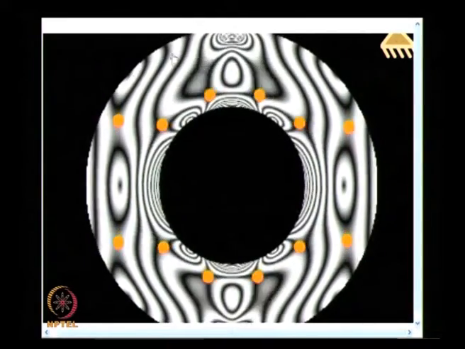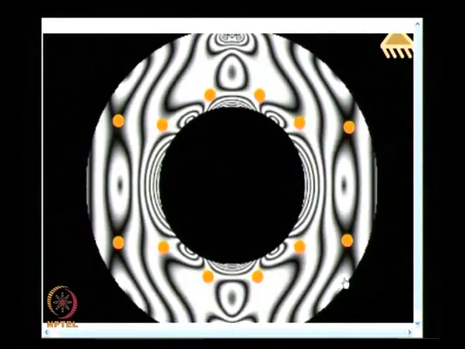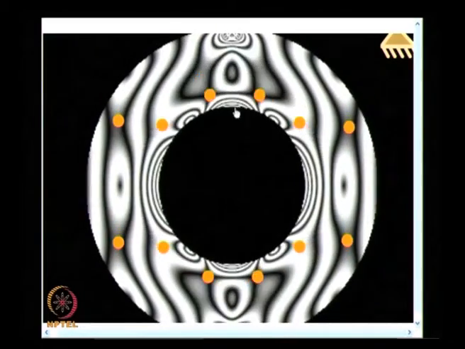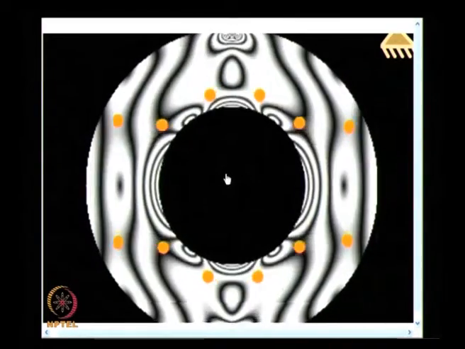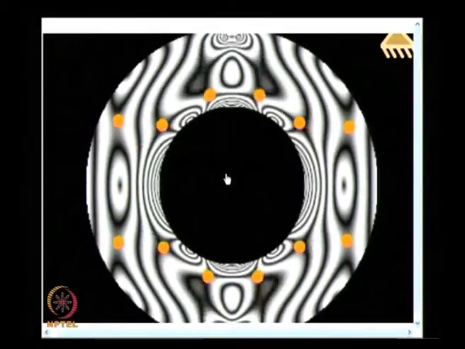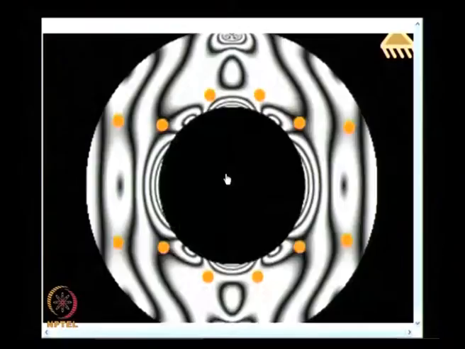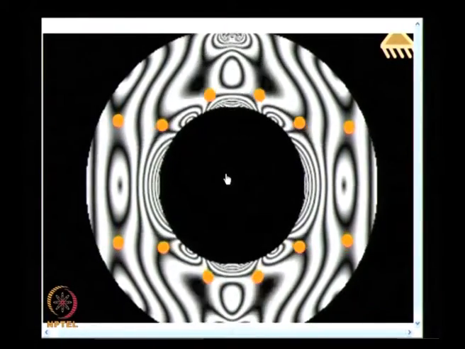So, we will also identify certain points on the outer boundary as well as certain points on the inner boundary where the fringe order is 0. I would be able to do that if I look at the isoclinic fringe field. On the other hand, in the case of a circular disc, the entire outer boundary was 0th fringe order. Here you do not have the entire outer boundary as 0th fringe order, you will only find just 4 points.